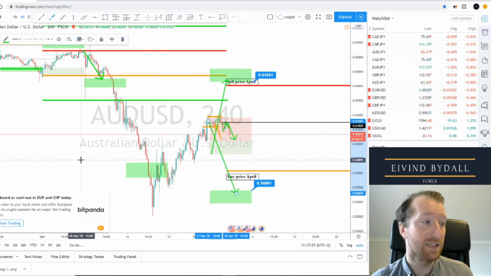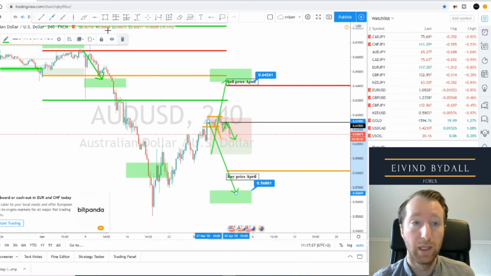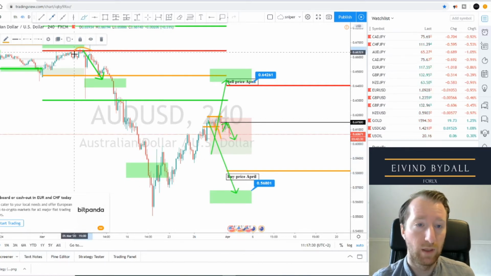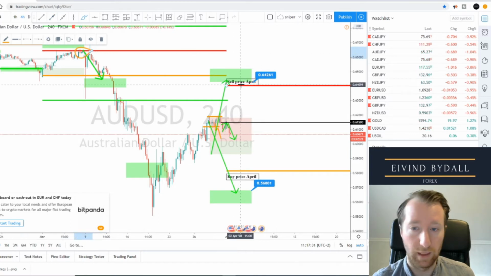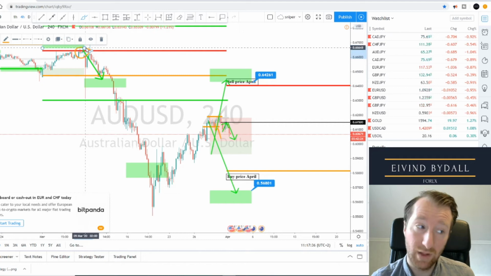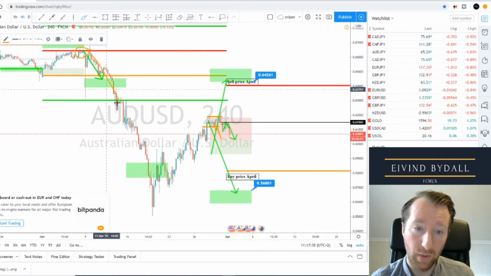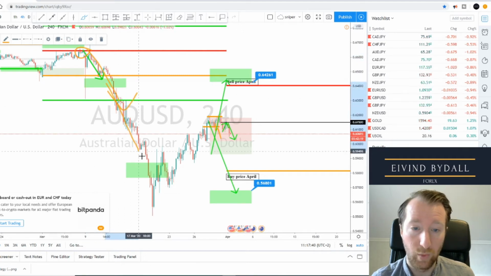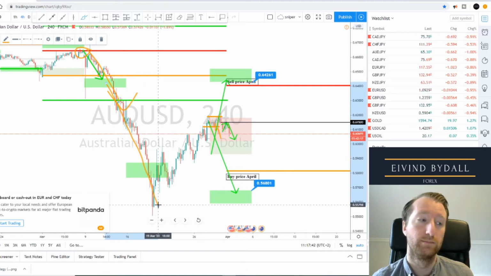If you look at last month, you can see it went to the sell price. This is the big red line, the sell price of the month last month, and we went all the way to take profit, and it went way below that.